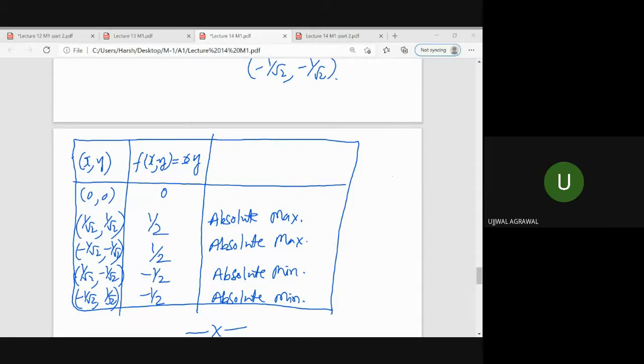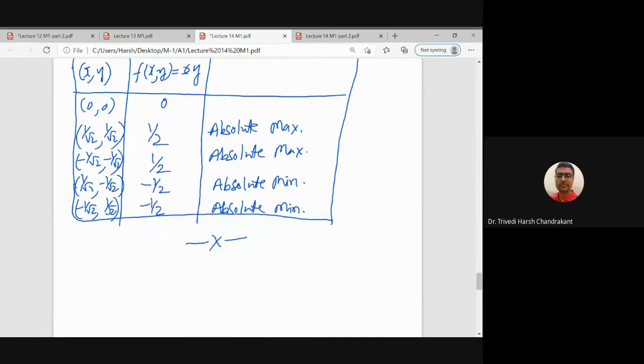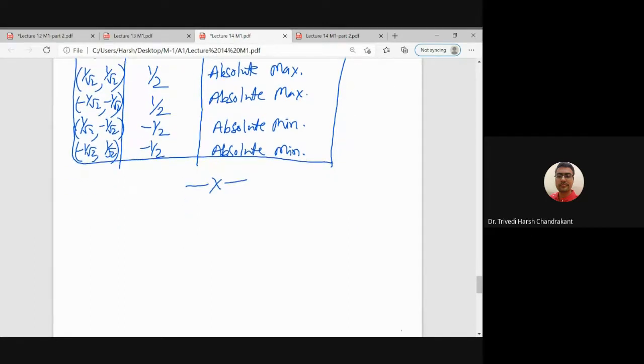No, sir. Okay. So then I will take one more example, that is regarding a three variable function. How to apply the Lagrange multiplier method.